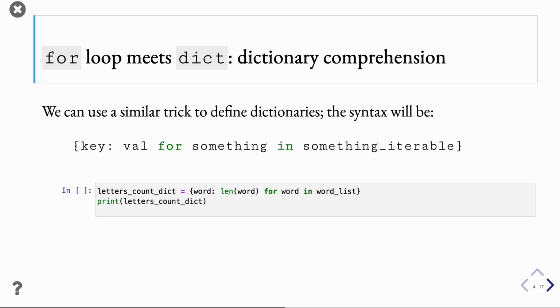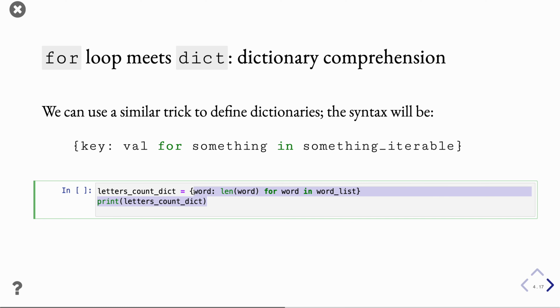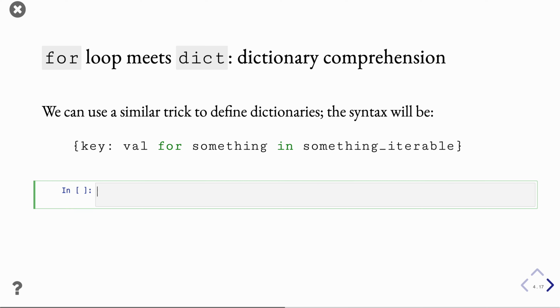Remember that with a dictionary, we need to write the key and the value, and we do this in curly brackets instead of square brackets. The idea is to do what you were doing in the exercise: writing a dictionary that contains the length of all the words in a list of words.